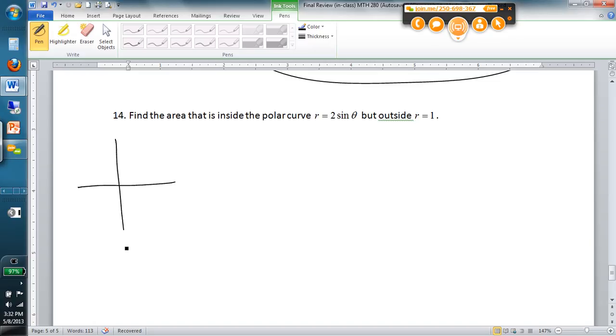I can change my mode to polar. 2 sine theta, r equals 1, okay. Zoom in a bit. Here's what I got. 2 sine theta looks like this. r equals 1 looks like that.